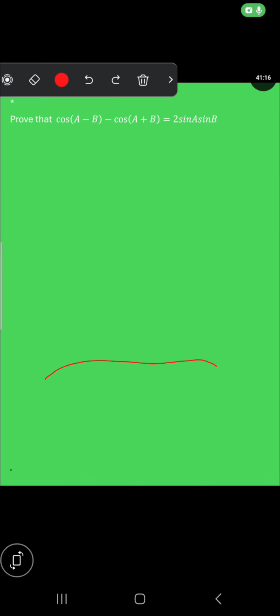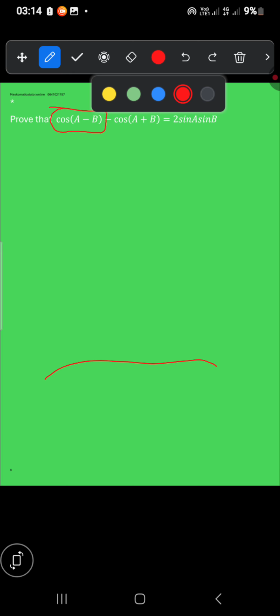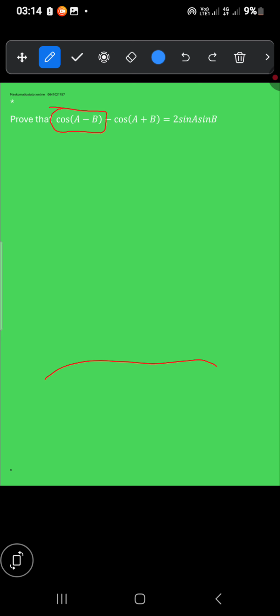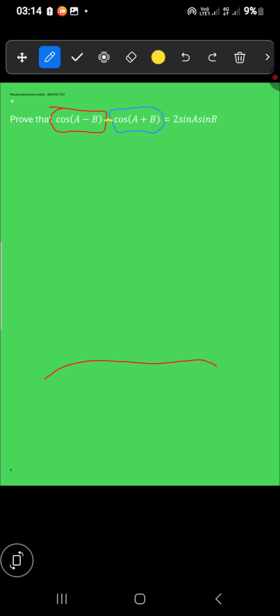The question is coming back again. It says prove this. So this part I'm going to write in red when I expand it, and this will be written in blue, and this is the minus.